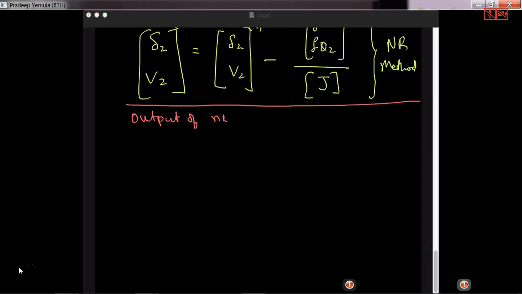I think the name of the file, let me just check it. nrlf2bus.m. So this is the name of the file I have given, Newton Raphson Load Flow 2bus.m. Output of this one is this.